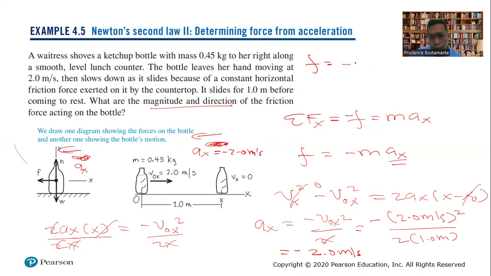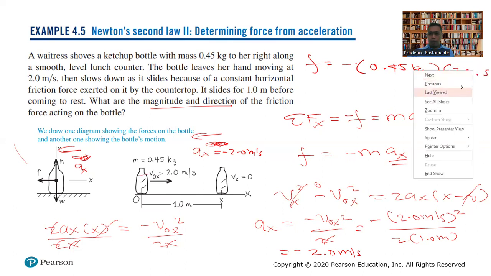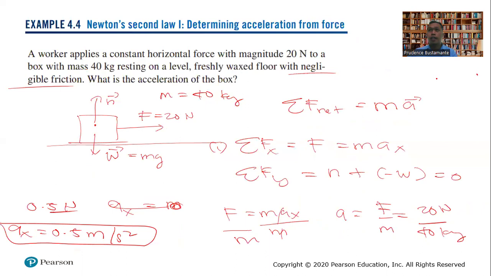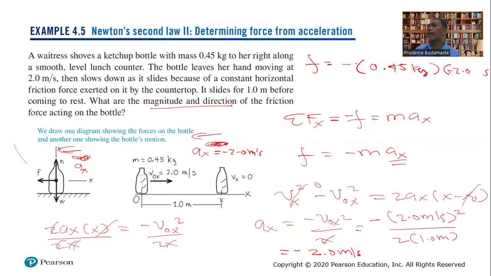The friction force is equal to the negative mass times the acceleration. Okay, I'm not confident with this answer. We have 2.0 meters per second squared, so our friction is negative times negative, so it will become positive.